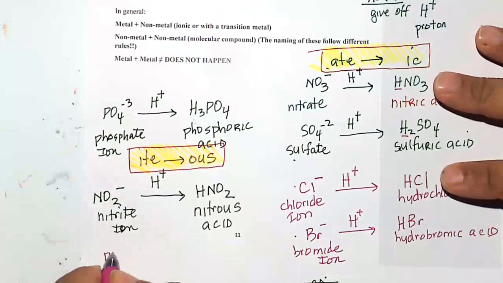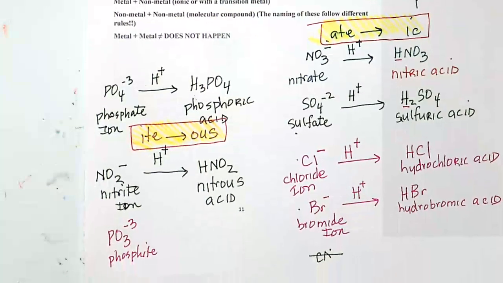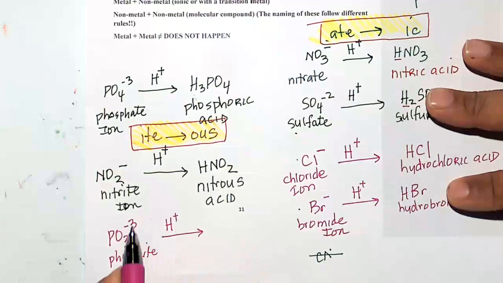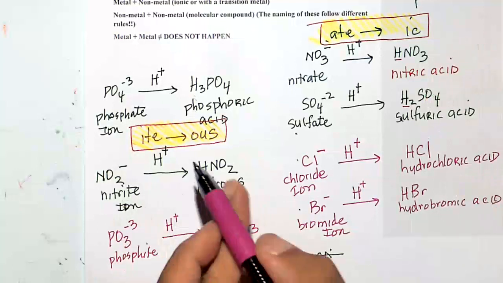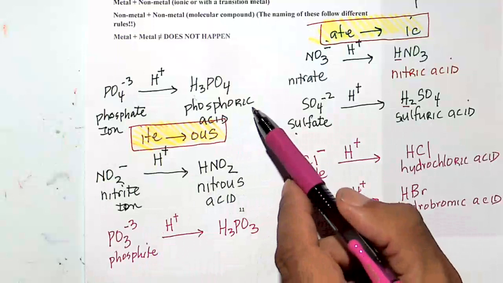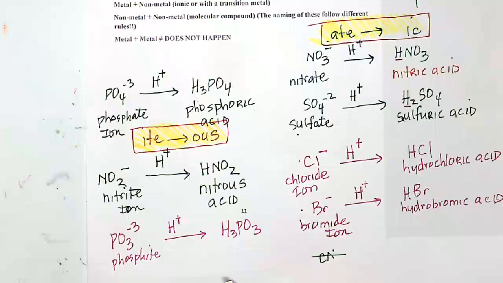We have phosphite. How about this one? What happens if we acidify it? We add protons to it. It becomes H3PO3, and what is the name if ite becomes ous? Phosphorous acid.